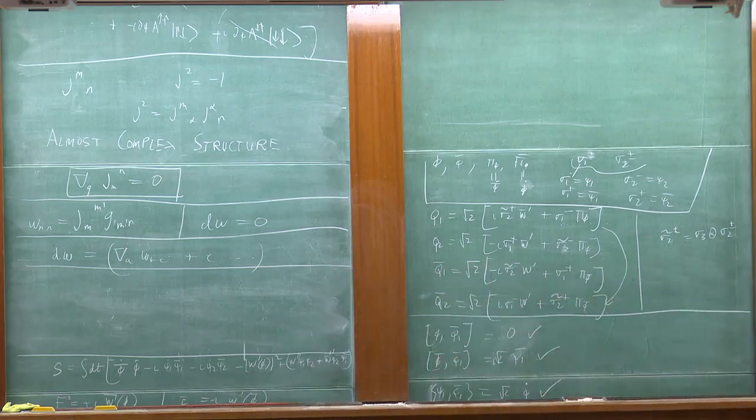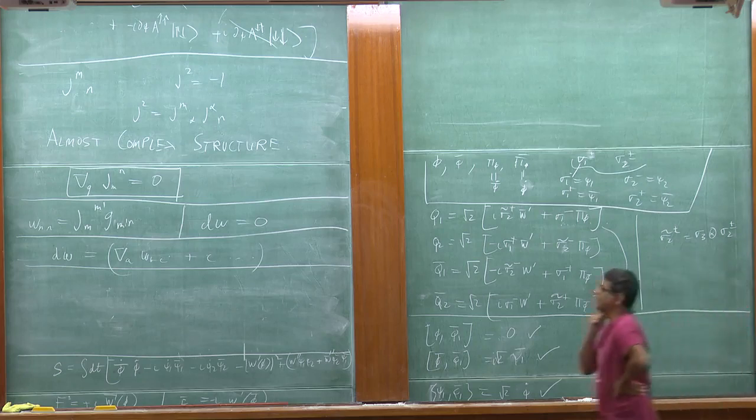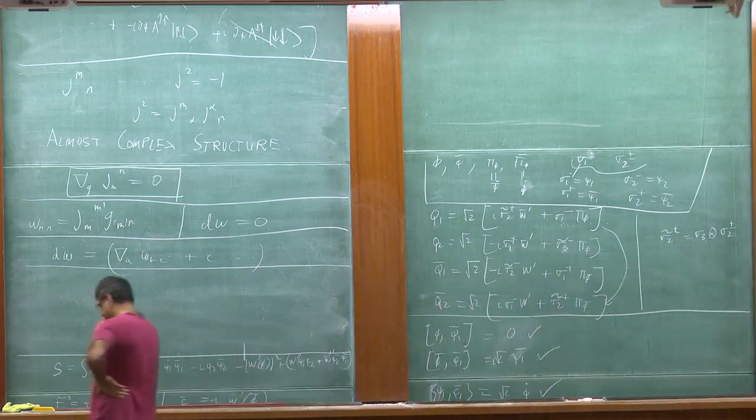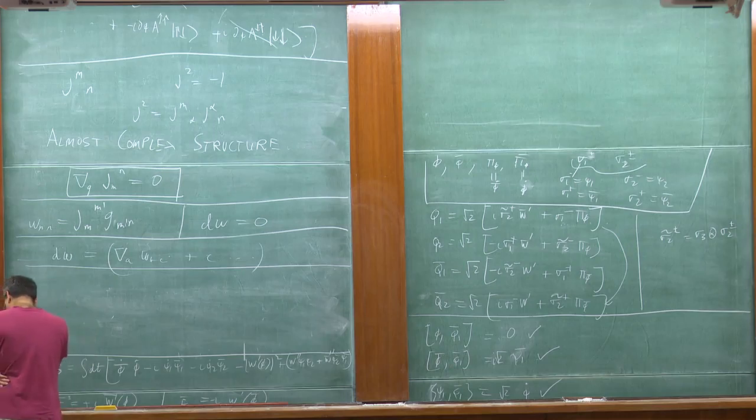Let's see. Why is W defined this way antisymmetric?